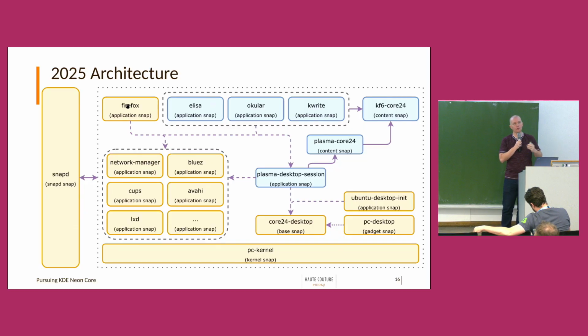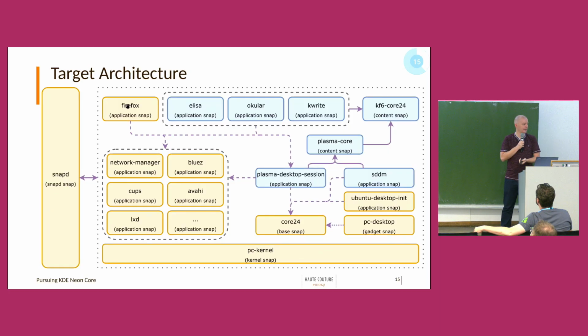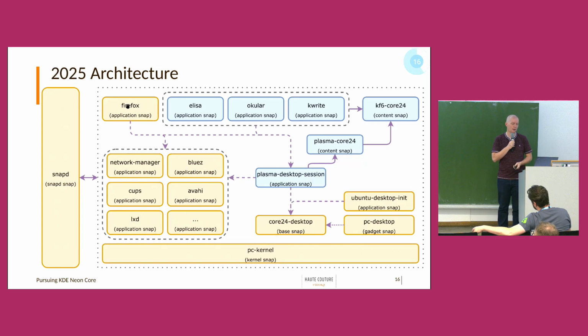And there's another reason, which I will explain further, which is that we can't do this bit yet for SDDM because there are missing facilities in snapd at the moment which prevent us from having a proper SDDM package yet. I will get to it. All right.